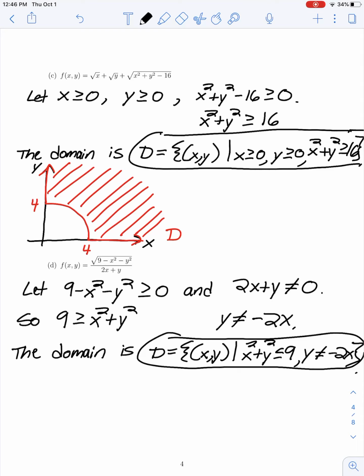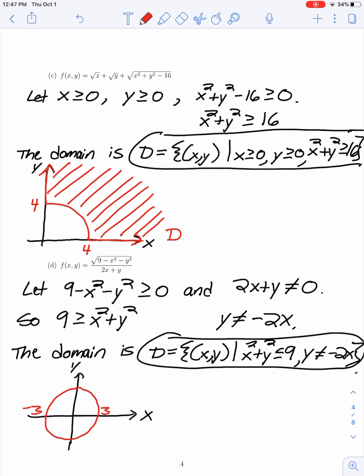So let's try to visualize this. So in the xy plane, we're considering all points such that the sum of x squared and y squared is less than or equal to 9. Now, if x squared plus y squared were equal to 9, we would be describing a circle centered at the origin of radius 3.